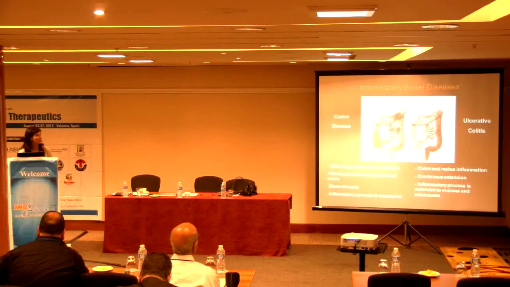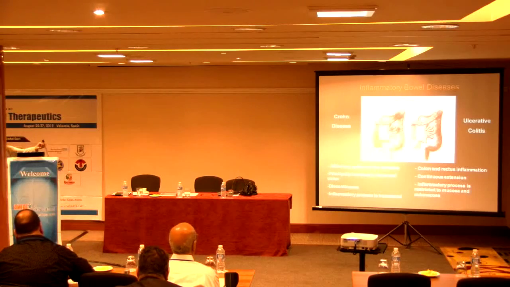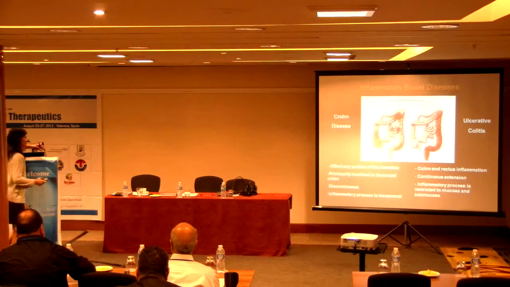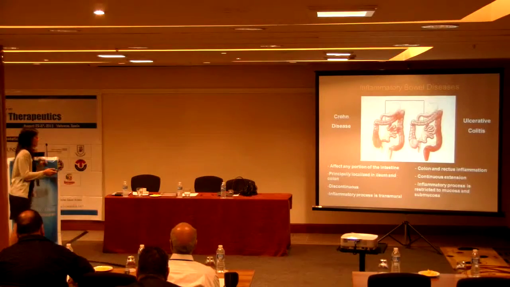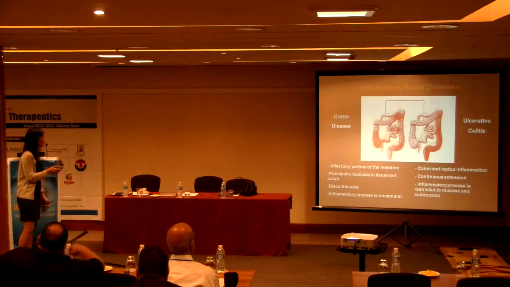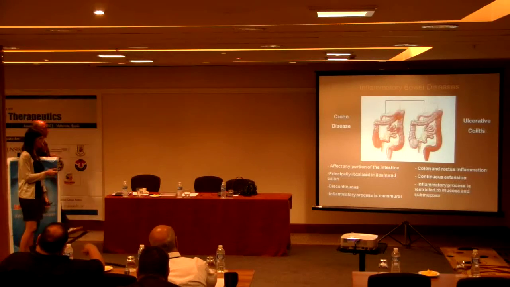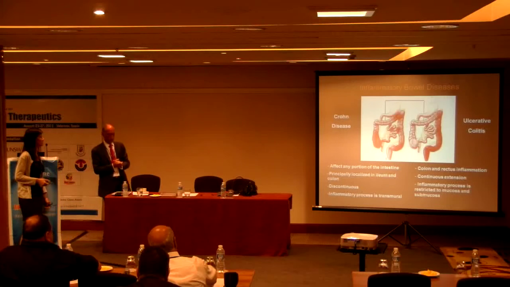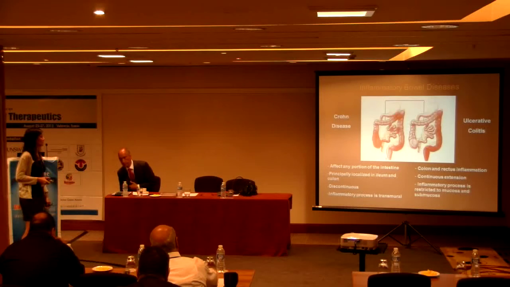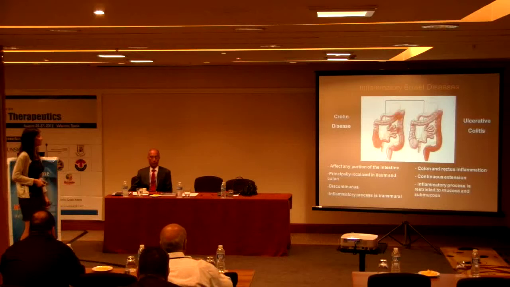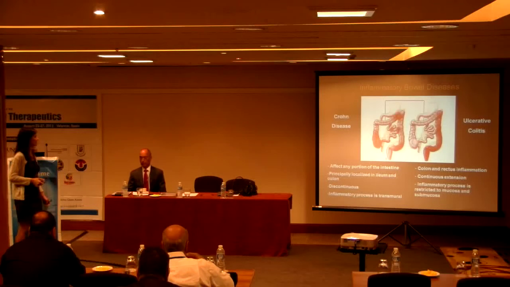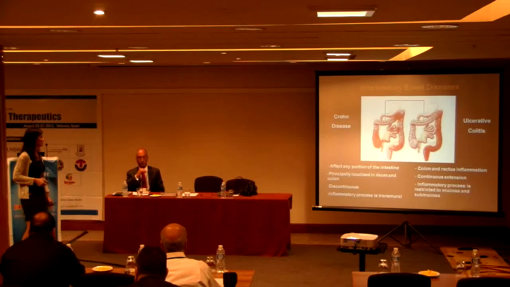Presentations. I will be focusing on inflammatory bowel diseases. The main forms of the diseases are Crohn's disease and ulcerative colitis. As you may know, Crohn's disease mainly affects any portion of the intestine, principally localized in the ileum and colon.